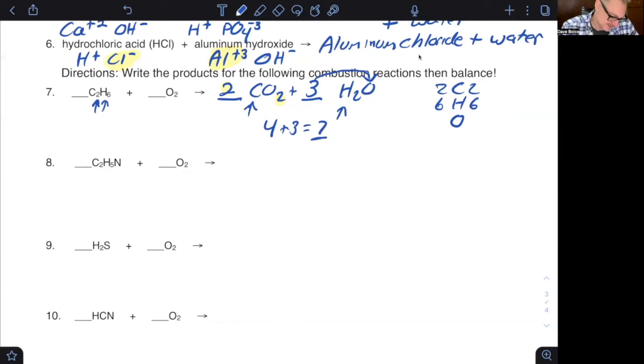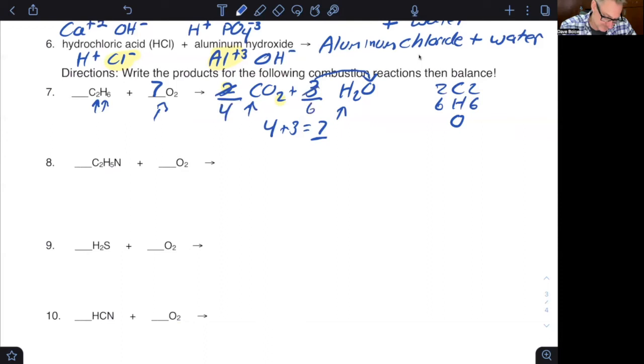Now I need to get 7 oxygens on this side, but I can only do them in multiples of 2. If I could do 3.5, that would work, but I can't. That's just not legal. So I'm going to go ahead and double everything, and I'm going to do 7. So I have 14. And then once you do that, you double everything else. So this 2 becomes a 4.